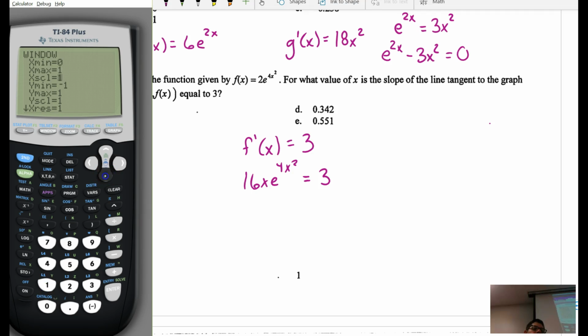What y values do I want to see? From 2 to 4. I want to see that y value of 3. So then I'm looking at y values from 2 to 4. And then graph. There's the exact point that I want to see there. Y equals 3.